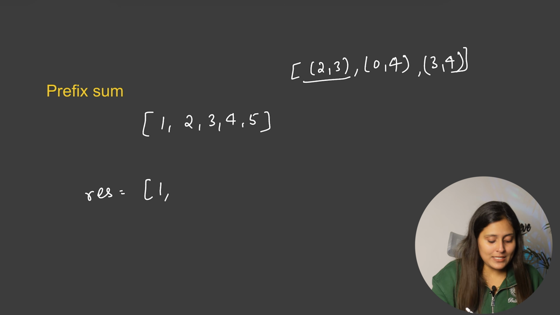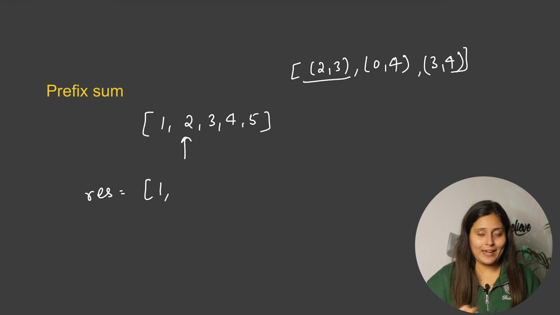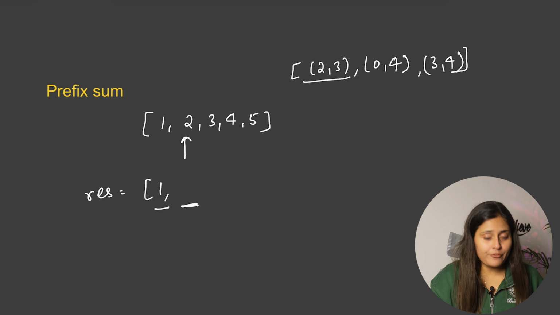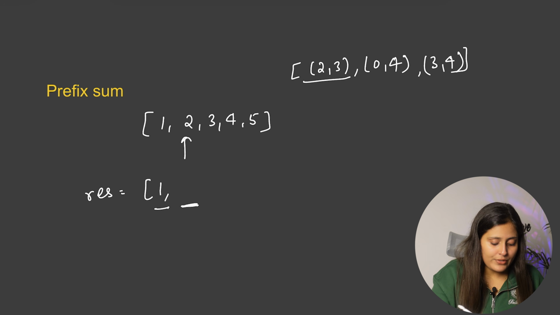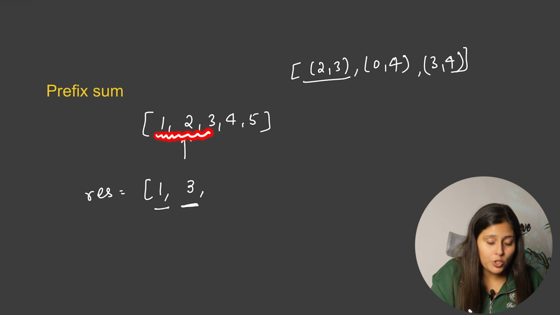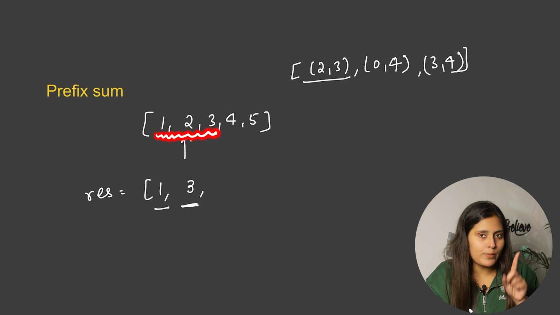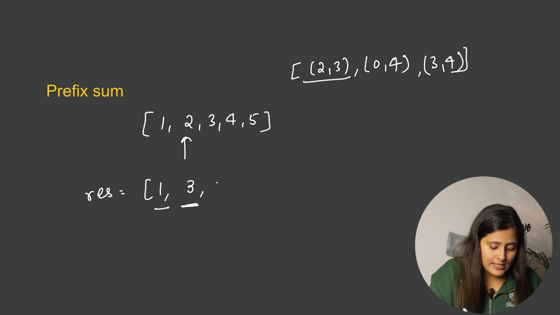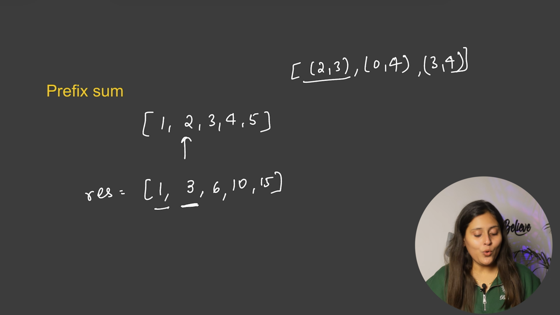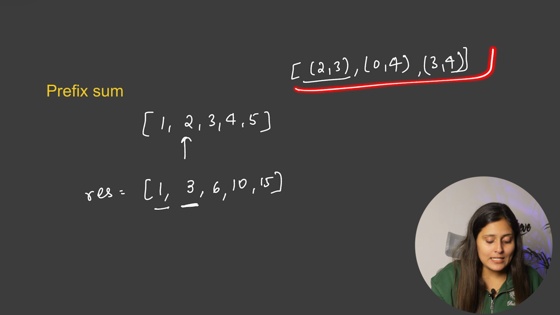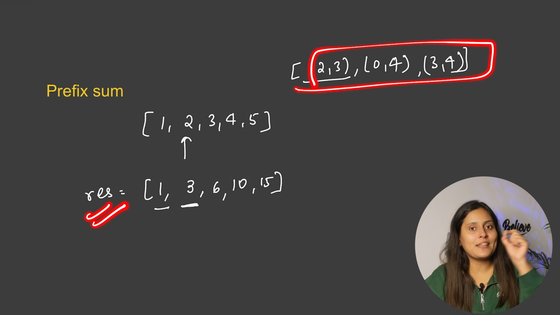Now next, i moves to 1, and resultant of i equal to 1 will save the summation of the array till here. So can I say 1 plus 2, total 3? Yes. Next time it will save the summation from index 0 to 2, meaning 1 plus 2 plus 3. Yes. So can I fill this with 6, now 10, now 15? Yes. And now for all the queries, my resultant array will give the answer.